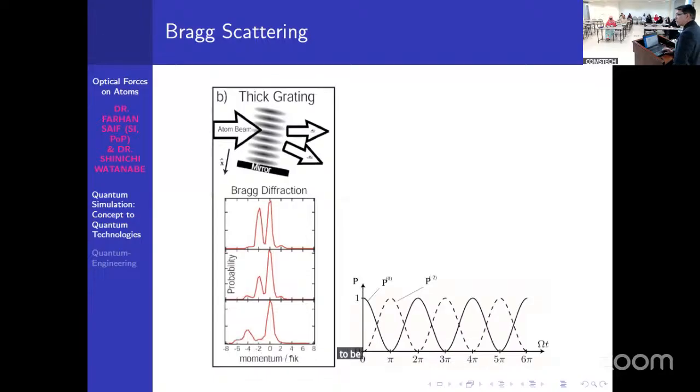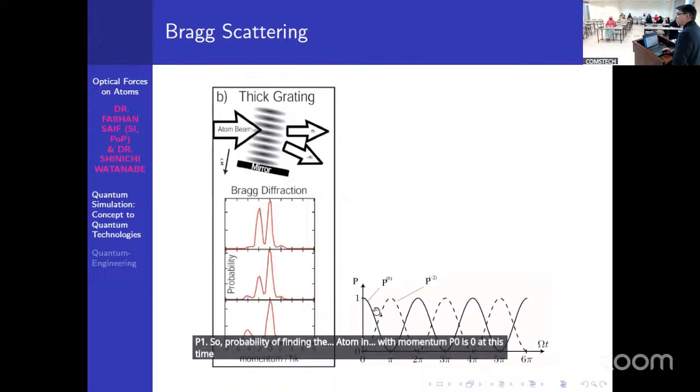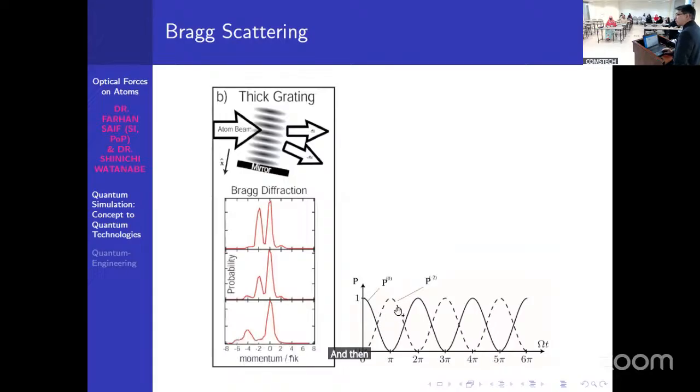So the probability of finding the atom with momentum P0 is 0 at this time pi, and then the probability of finding the atom in the next momentum state P1 is maximum, 1. So this is presenting that the atom is completely deflected.